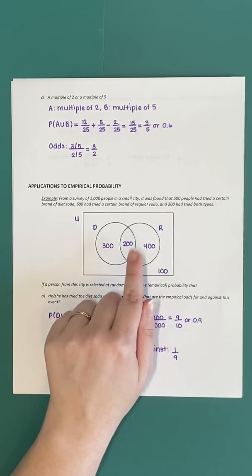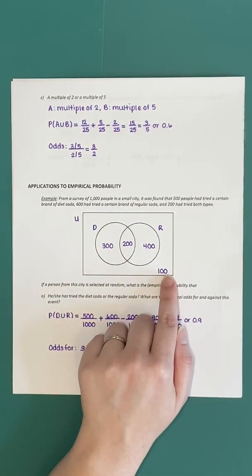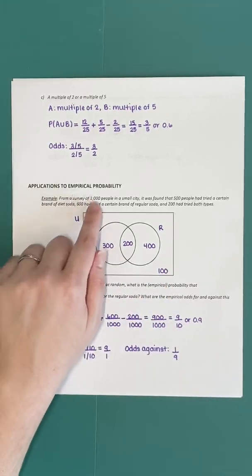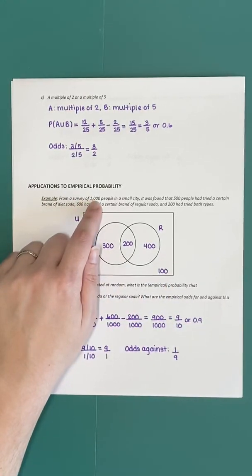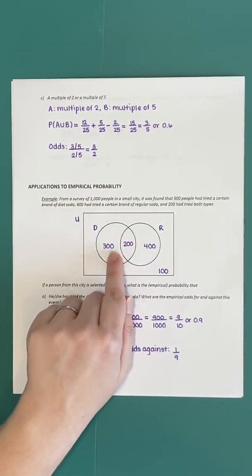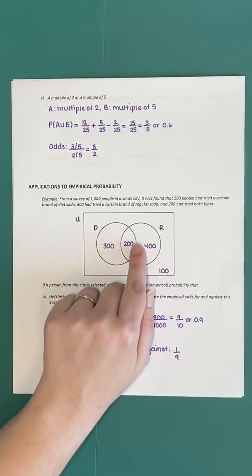Now we can't forget people who fall into the universal set, otherwise in this case known as the sample space. See, connection. 1,000 people in total fit into this diagram, but who's been accounted for? Well, 300 and then 200 and then 400 more people. That's only 900 people.